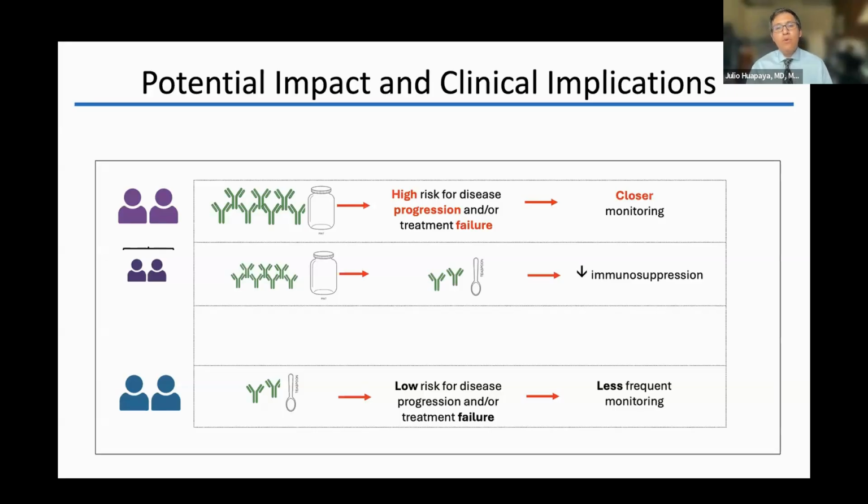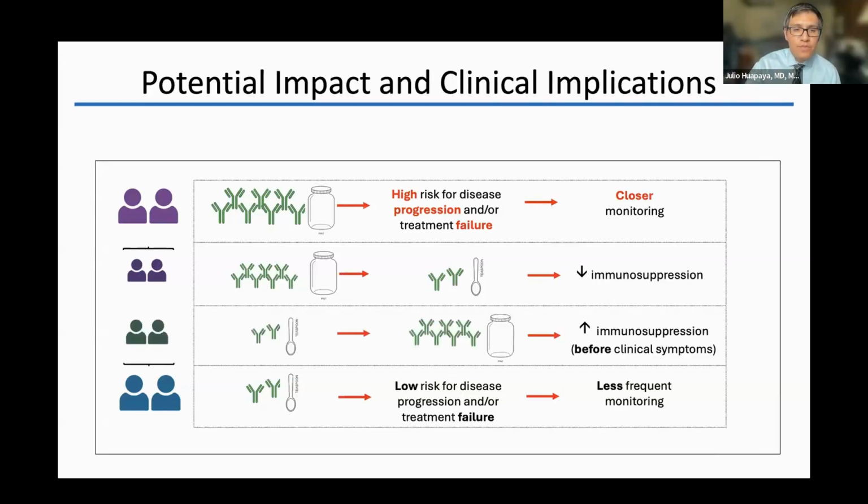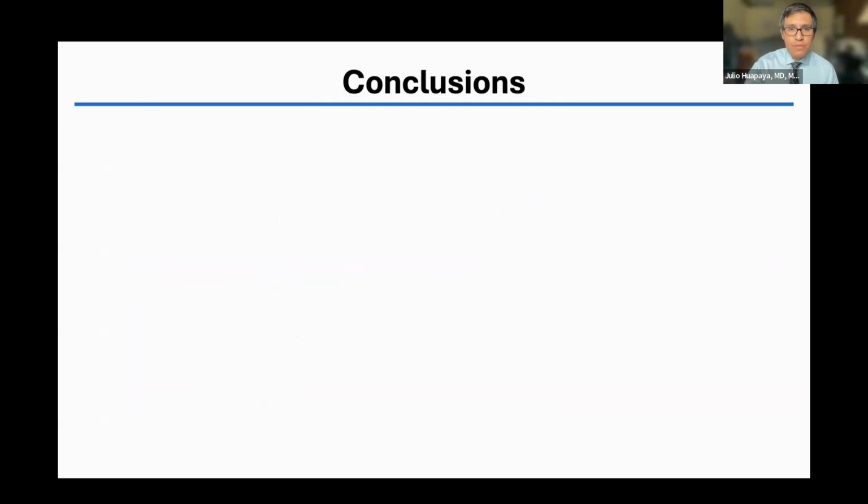So we can try to lower that with a better tool that would be very beneficial. Similarly, if you came the first time and only had a teaspoon of antibodies, but now you have a pint of antibodies, even before you are symptomatic, maybe there is a role to give you more immunosuppression and then avoid you developing symptoms.